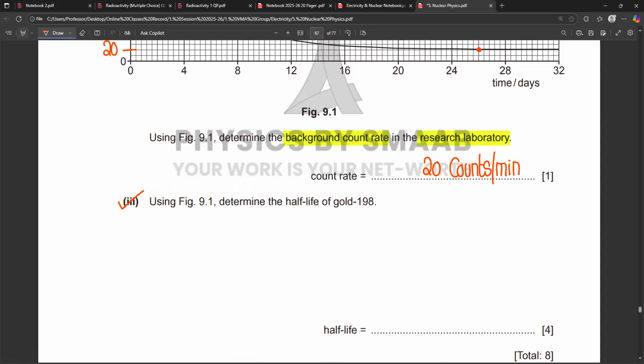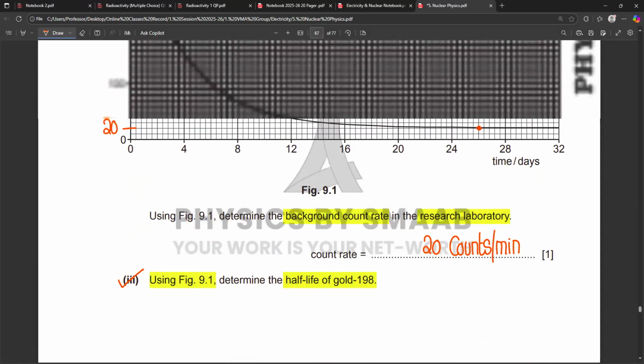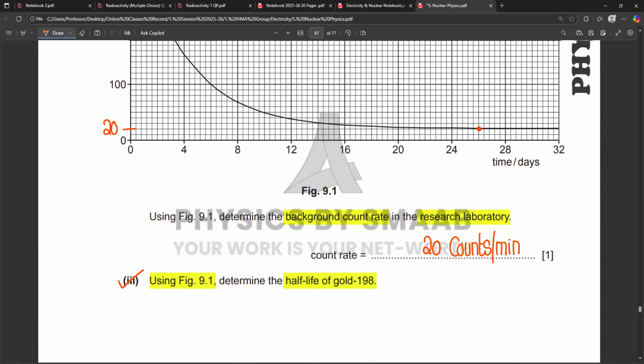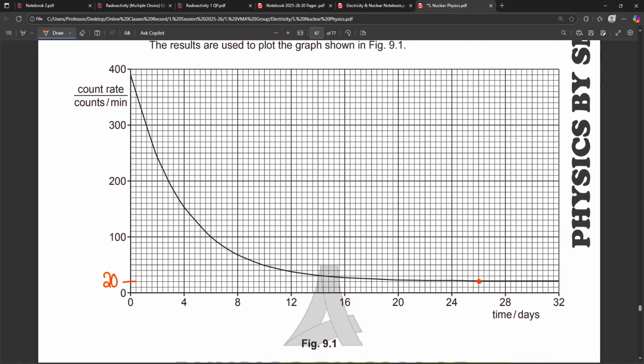And the third part is: using figure 9.1 again, determine the half-life of gold 198. So first of all, we have to subtract the background reading. Background radiation is 20 and the initial value starts from 390, right? This value represents 390.